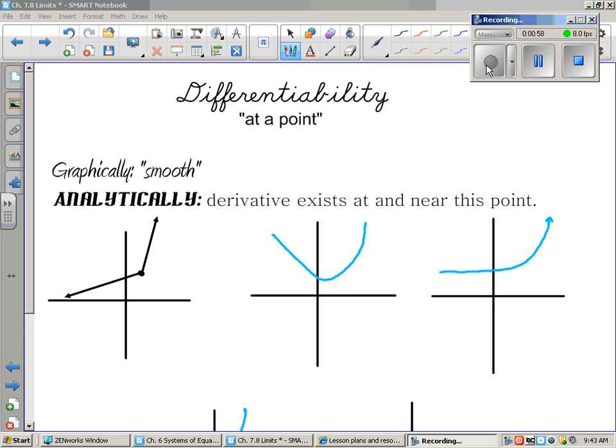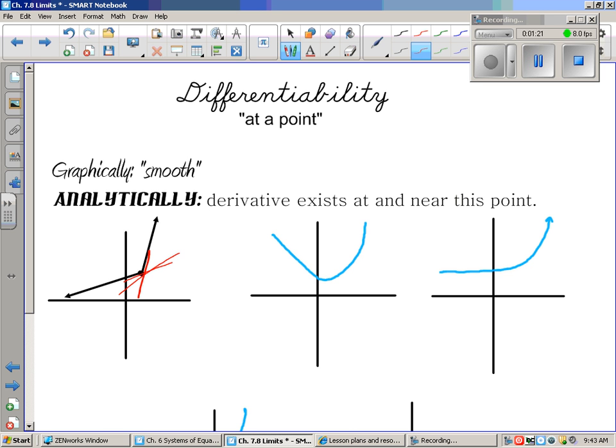One of the things that might help is thinking about drawing tangent lines, because we're talking about derivatives here, and we would be able to determine where that tangent line would rest. When you look at this example with the two lines coming together, does the tangent line come from this direction? Does it come from this direction? Or is it like this?